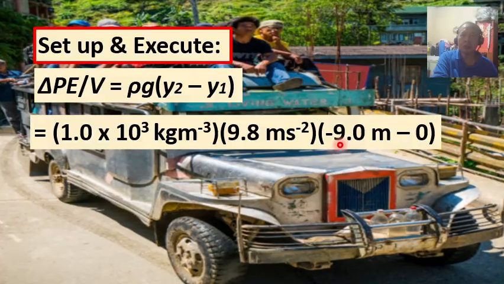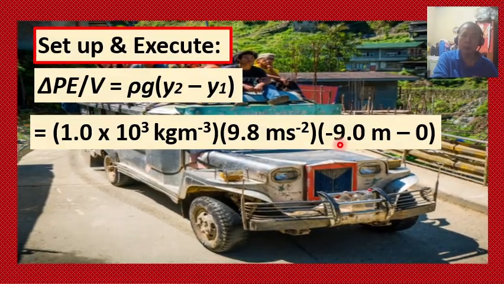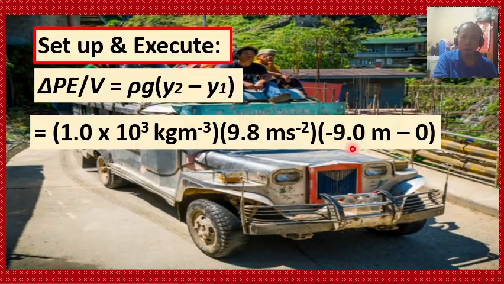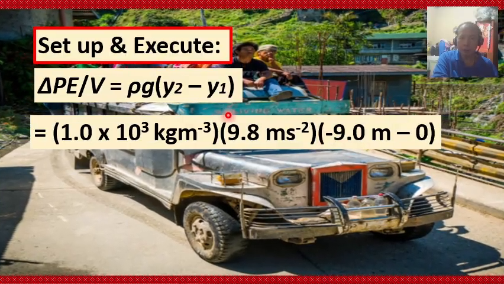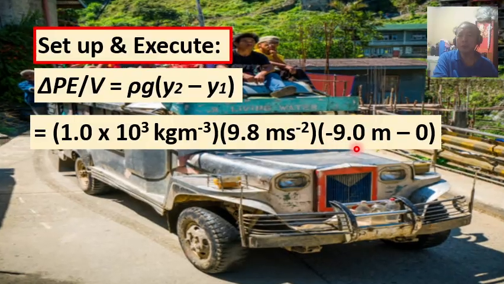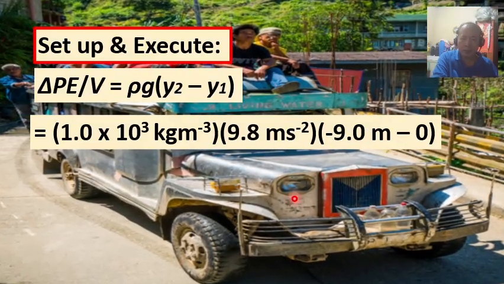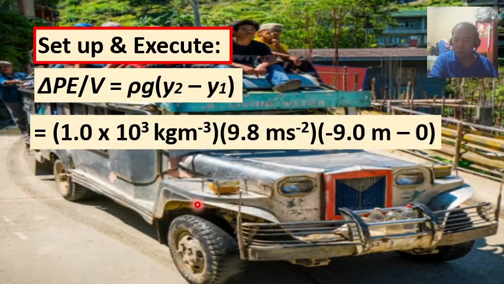And the position of pipe number 2 located on the ground floor is labeled here as y sub 2 equal to negative 9.0 meters.